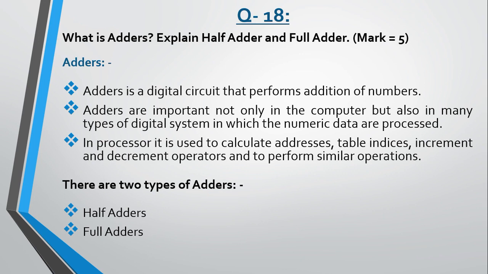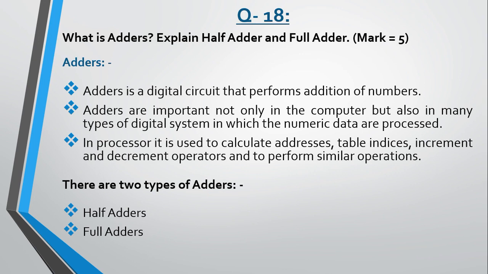Now in processors, adders are used to calculate addresses, table indices, increment and decrement operators, and to perform similar operations. So when there is a task related to the processor, inside the processor you need to calculate memory addresses. For that also adders are used.